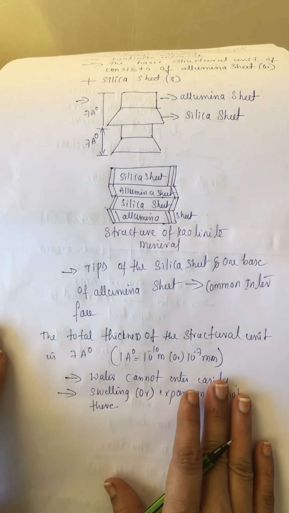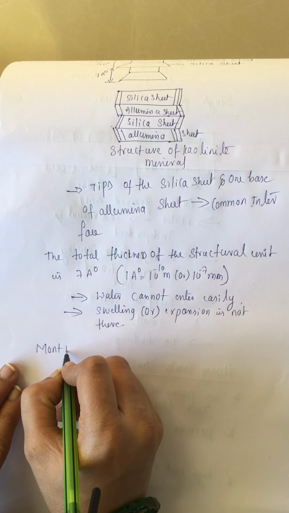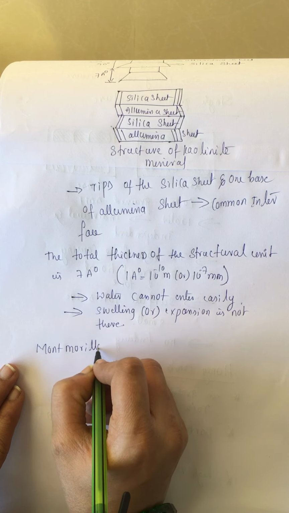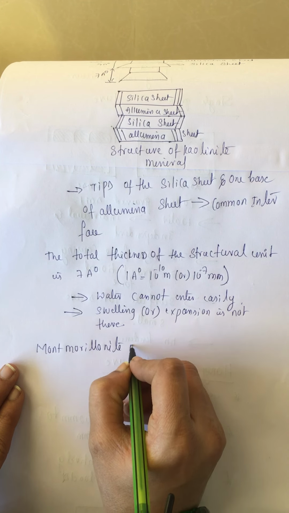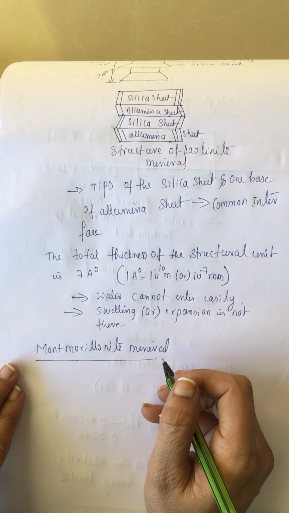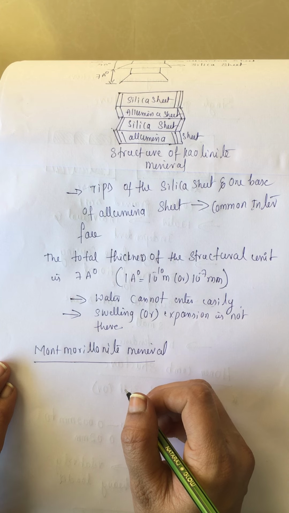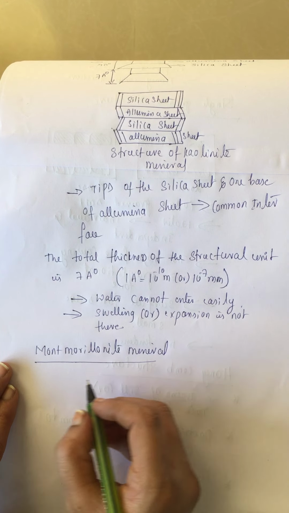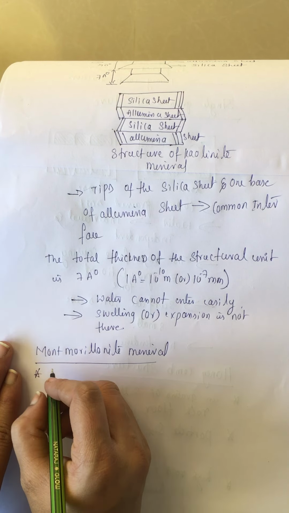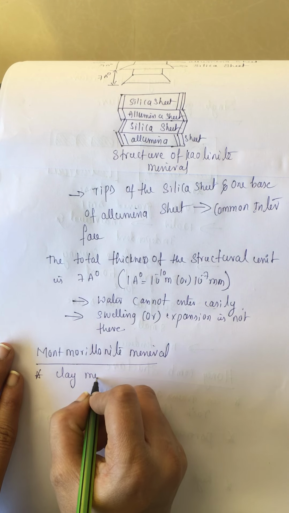Coming to the montmorillonite mineral. Next one is montmorillonite mineral. What is montmorillonite mineral? This is the most common of all clay minerals in expansive clay soil. You can see this kind of mineral in almost all clay minerals.